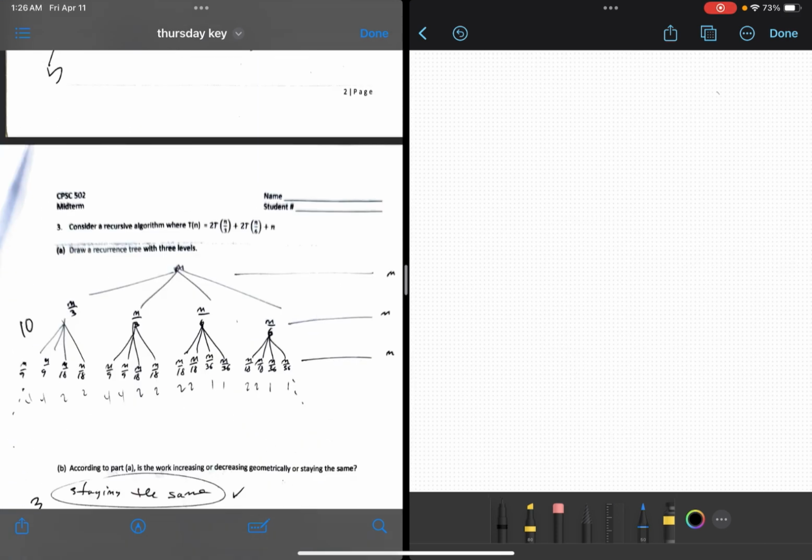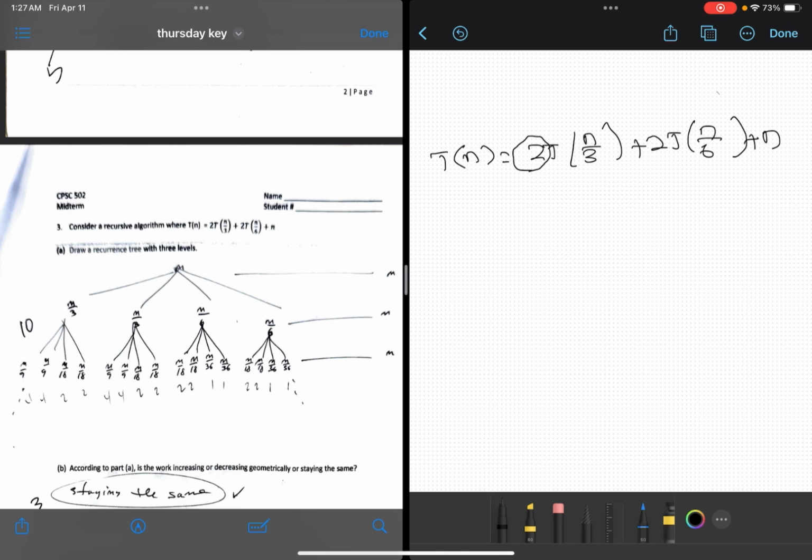Let's move over to the next problem, and we have T of n is equal to 2T of n by 3 plus 2T of n by 6 plus n. So what we need to understand here is that the coefficient before T, the value which is supposed to be the value of a, will determine how many branches we are going to have.